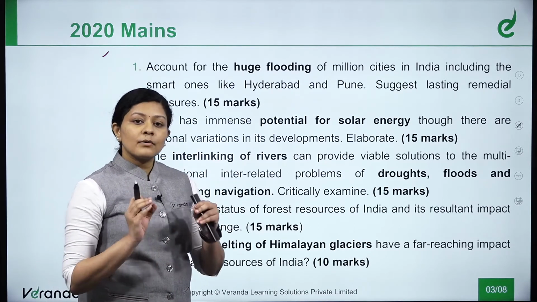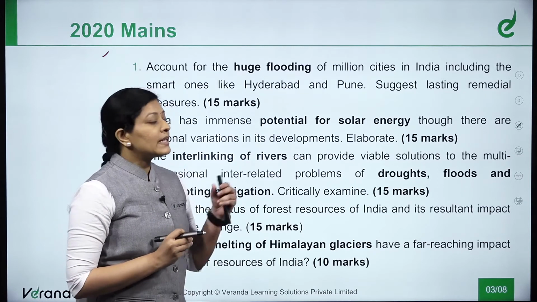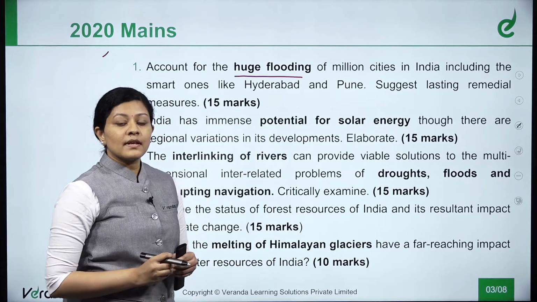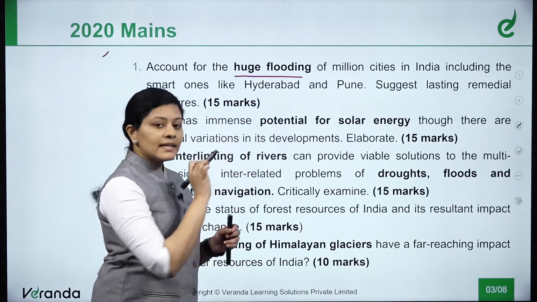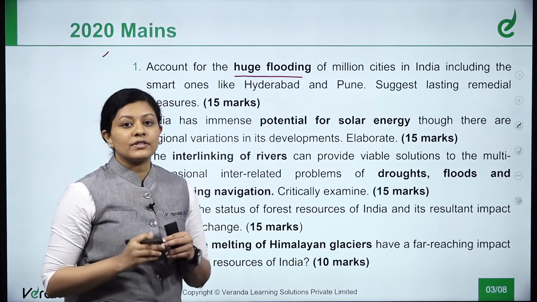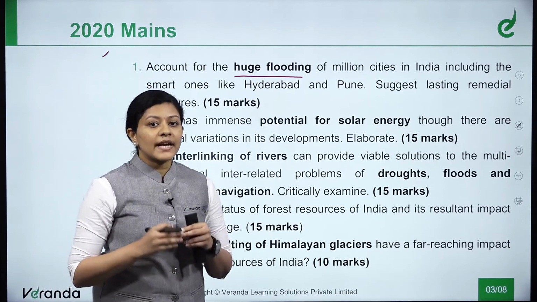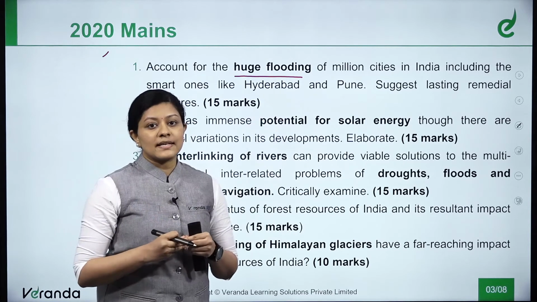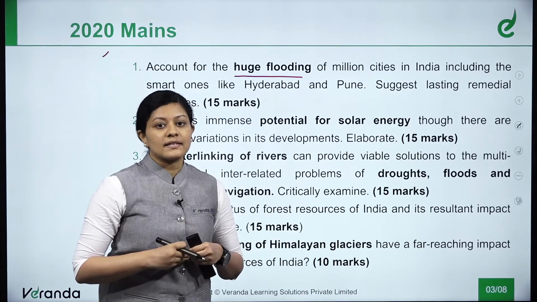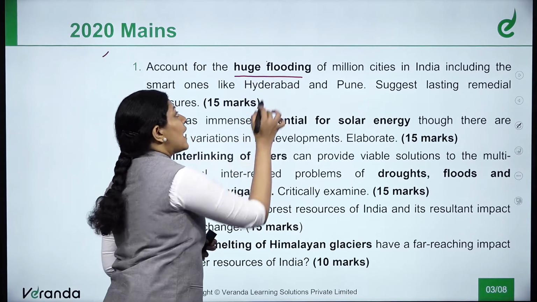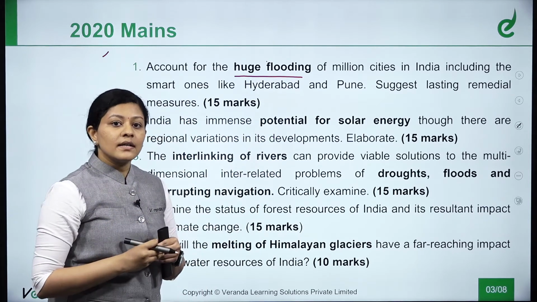First of all, the most important thing to do while reading a question is to identify the keywords and make note of it. Underline it so that you don't deviate from the keyword, because we have a habit of writing in and around the question asked, not exactly what the question asked, during our school or college days. So identify the keyword and revolve your answer around the keywords.